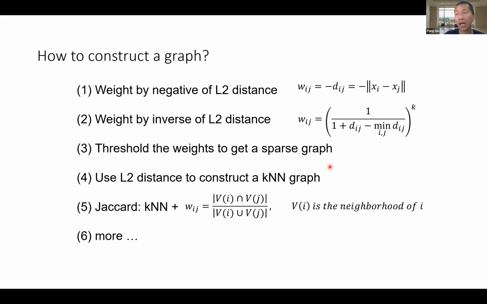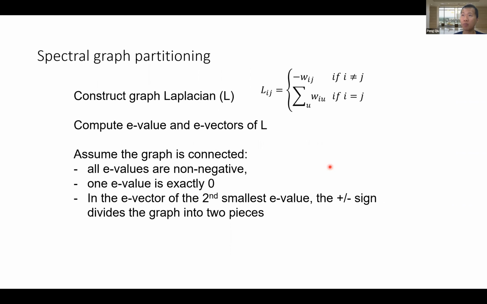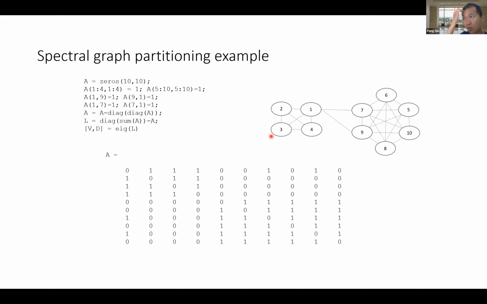Okay, and once we have this, the spectral graph partitioning algorithm takes the weight matrix and constructs a matrix called the Laplacian, then computes its eigenvalues and eigenvectors, and uses them to do clustering. Okay, so here is one example.